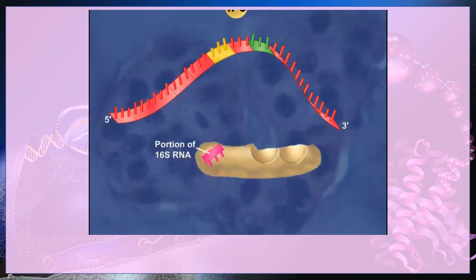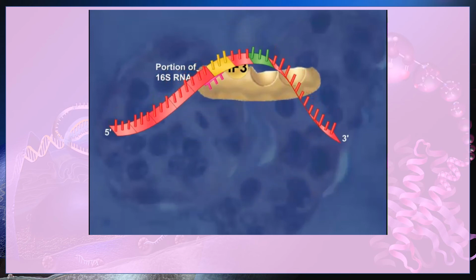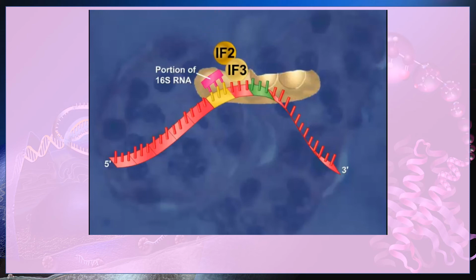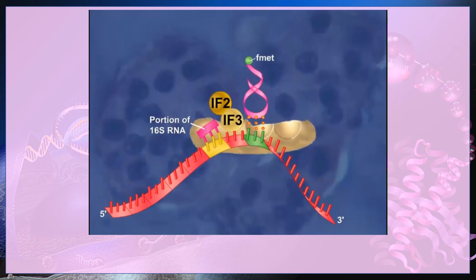Initiation factor 3 also facilitates the binding of the mRNA to the small ribosomal subunit. Once the 30S subunit-IF3-mRNA complex has formed, initiation factor 2 binds to the complex and promotes the binding of the initiator transfer RNA for N-formyl methionine to the complex.